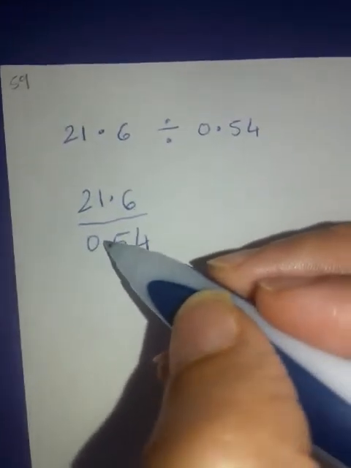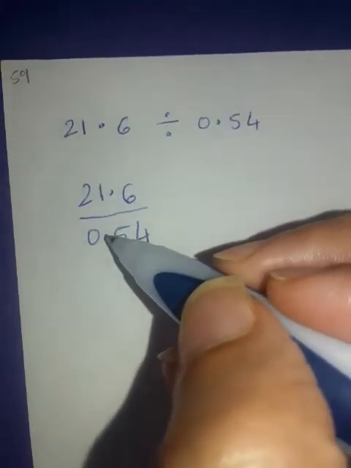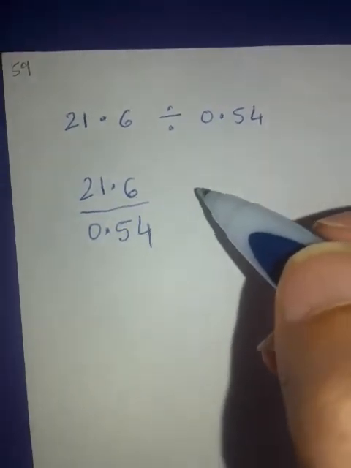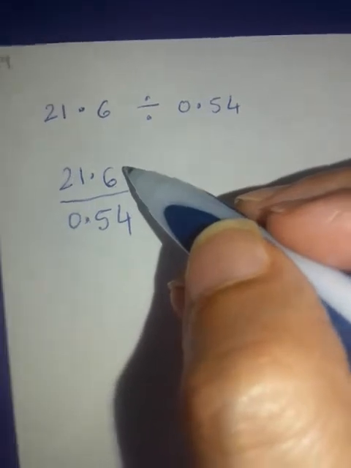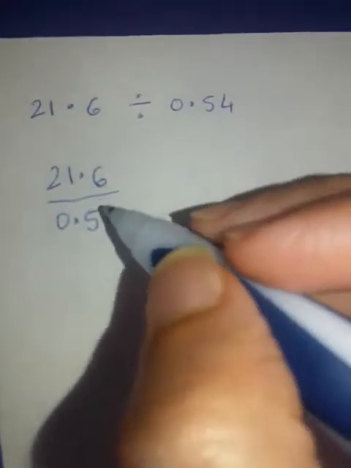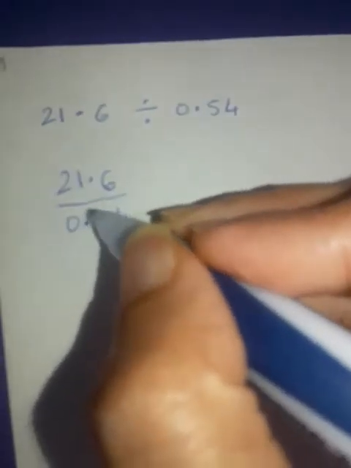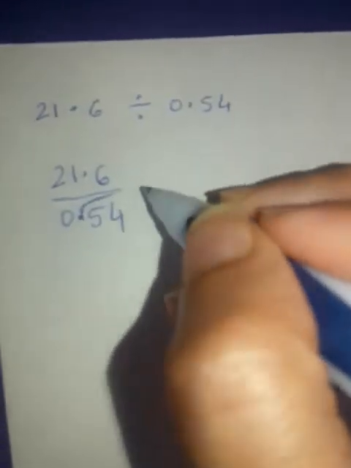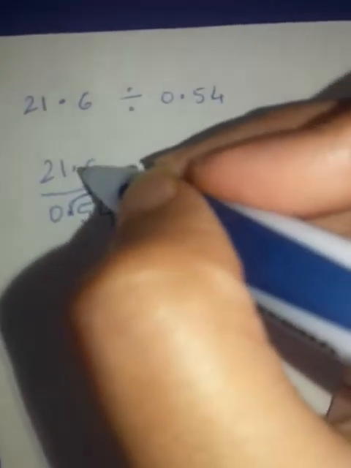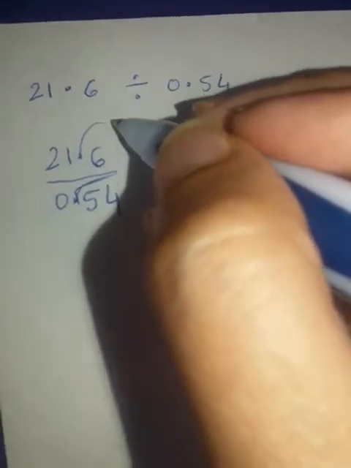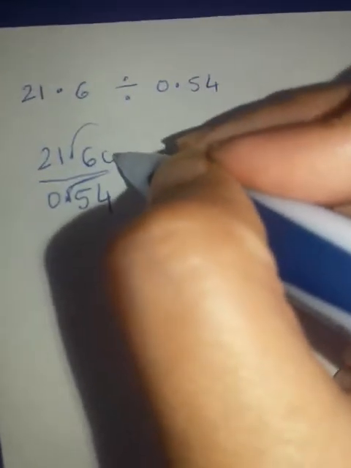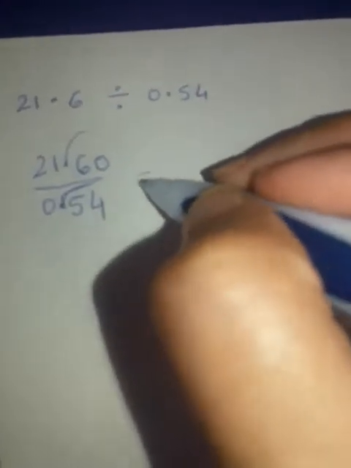If I move this 2 places and here there is only 1 place, so I need to give a 0 here. See how we'll do. Remove it 2 places. Remove this also 1 place, but here there were 2 places and here only 1, so give an additional 0 here.